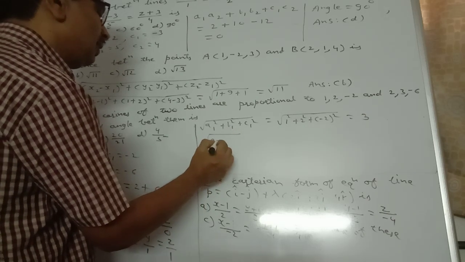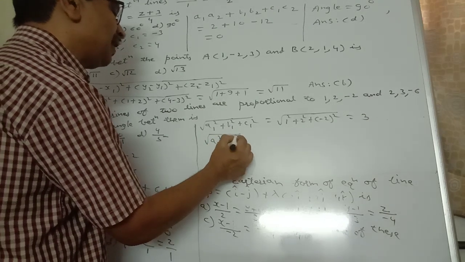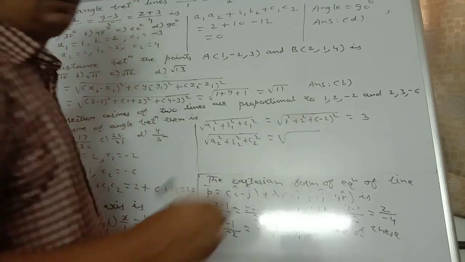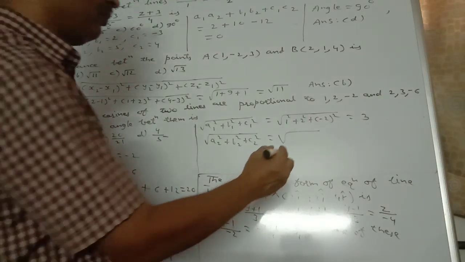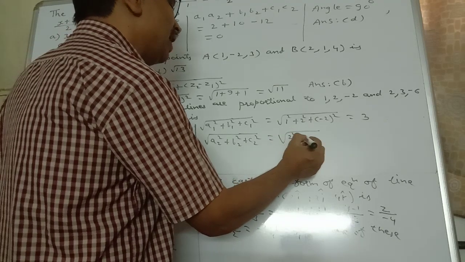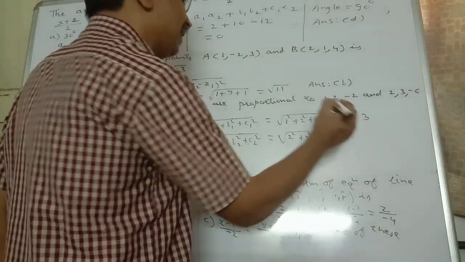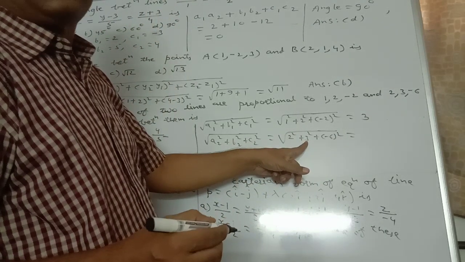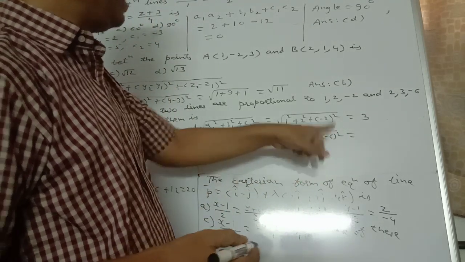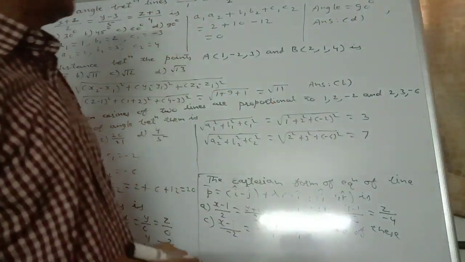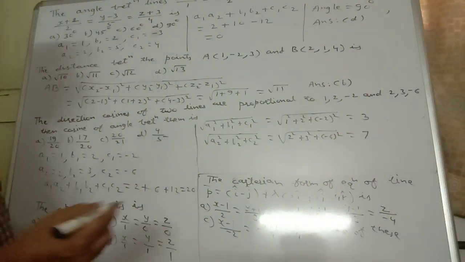Under root A2 square plus B2 square plus C2 square equal to under root 2 square plus 3 square plus minus 6 square. 4 plus 9, 13 plus 36, 49. 49 is a perfect square, square root 7.